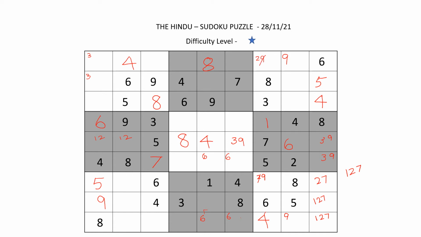That shows that this cell takes a 9. Let's now erase everything properly and write it. This becomes a 2. This becomes a big 9.